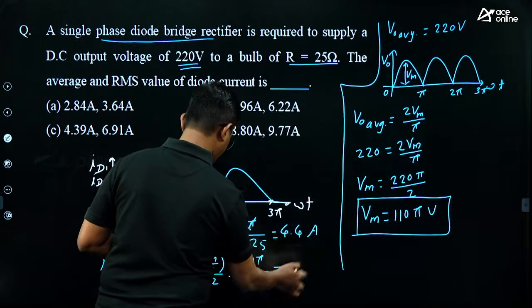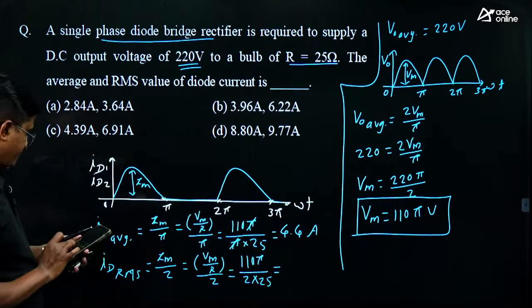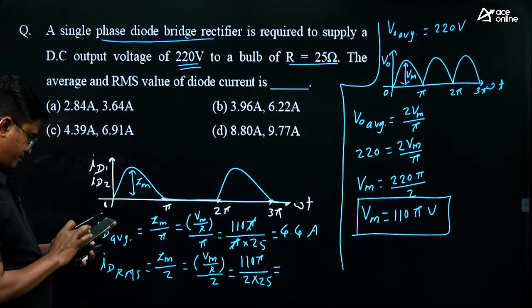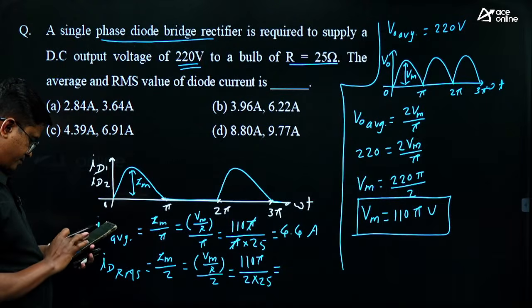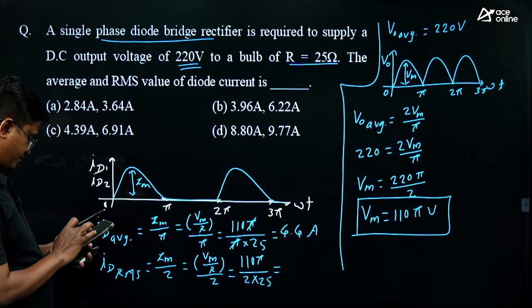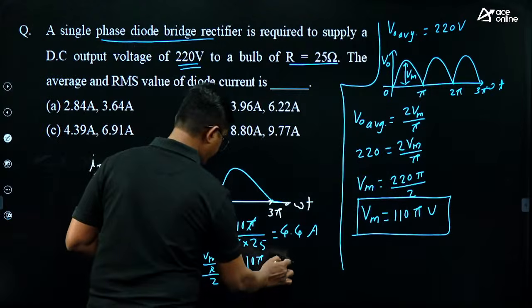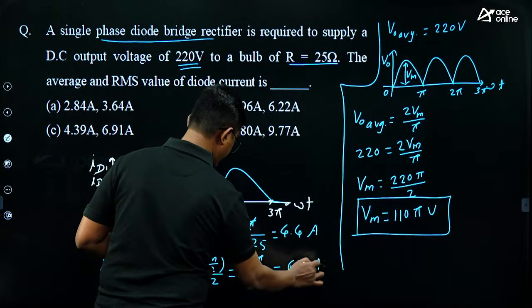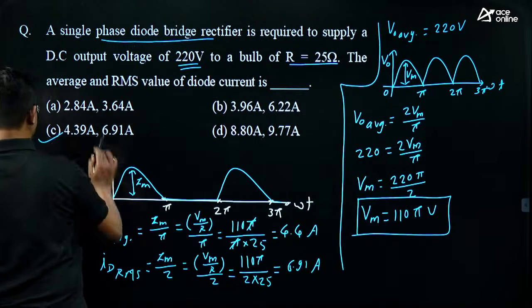And what about this one? Yes, 6.91. Right, so option C is the correct option.